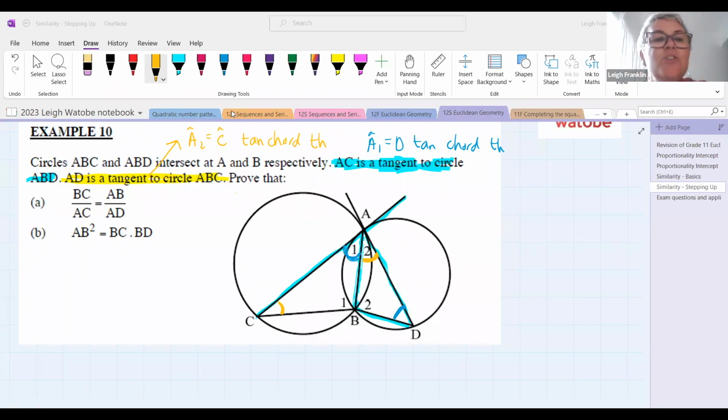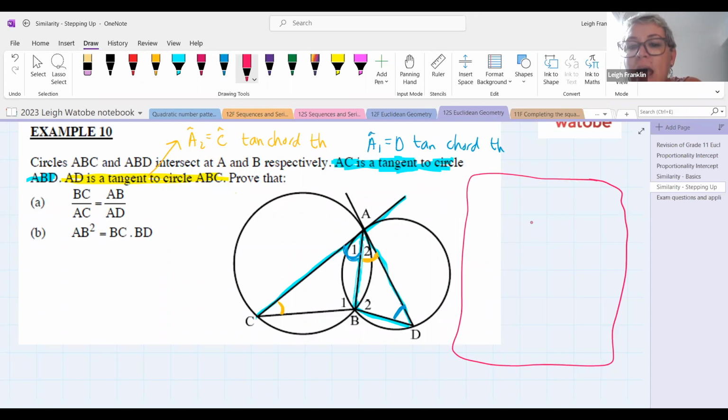So I suggest you create a little space on the side, label it as your rough work that you can cross out afterwards, and take your proportion and put it in there: BC over AC is equal to AB over AD.